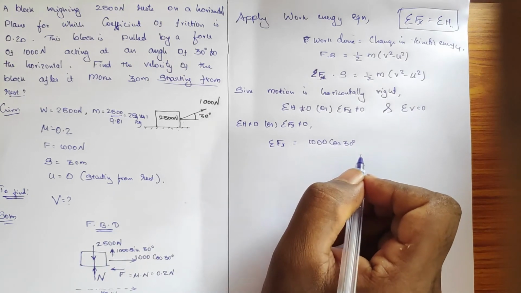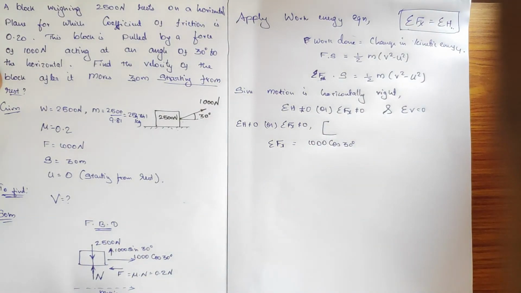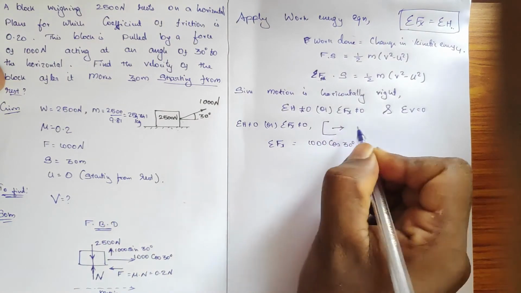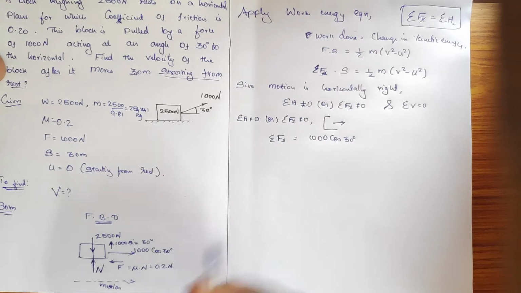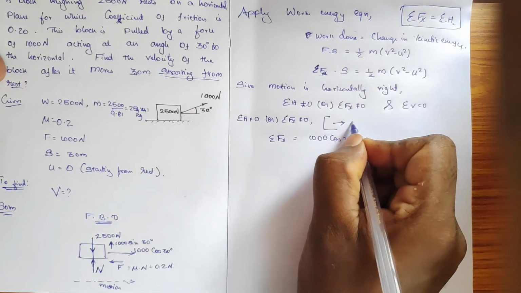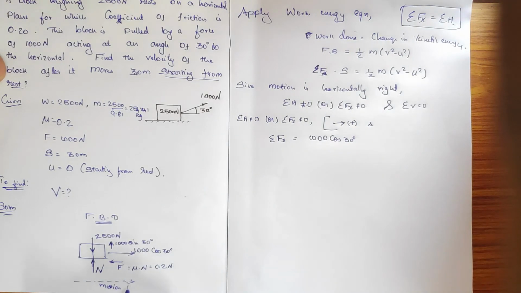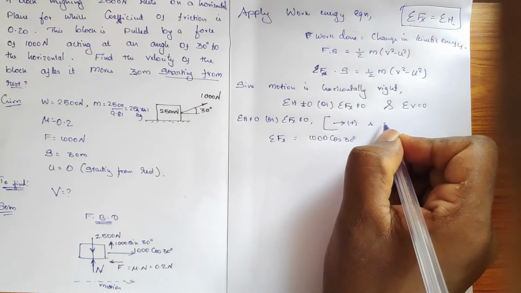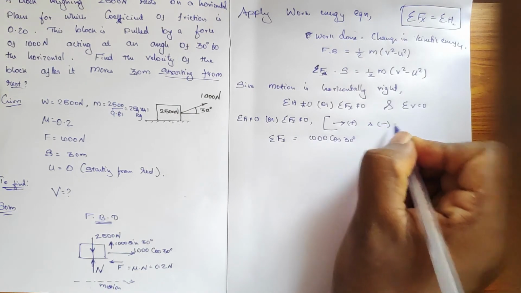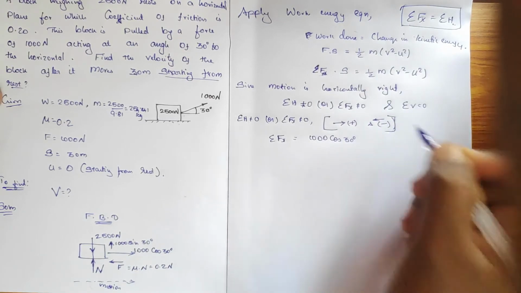And one more thing we need to observe here when you are considering the sign: if the motion is towards the right side, then all the forces on the right side will be designated as positive. If the force is acting towards the left side, it must be designated as negative.